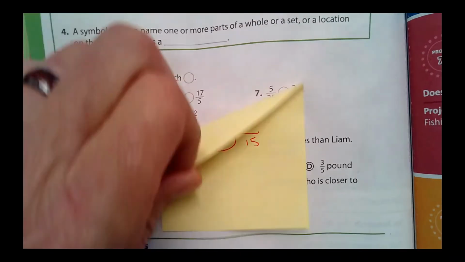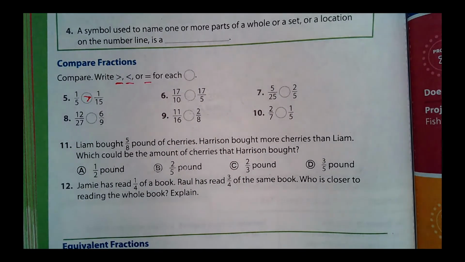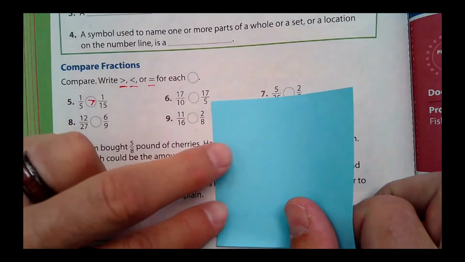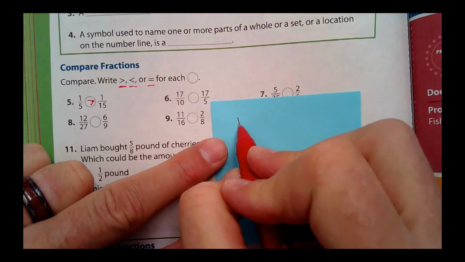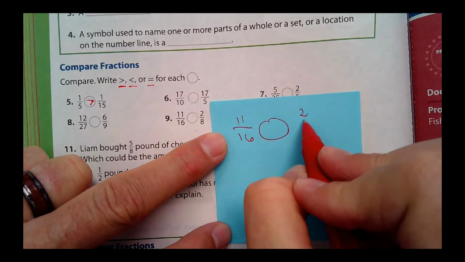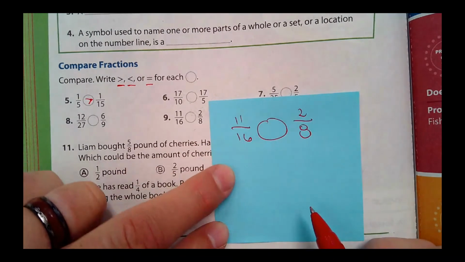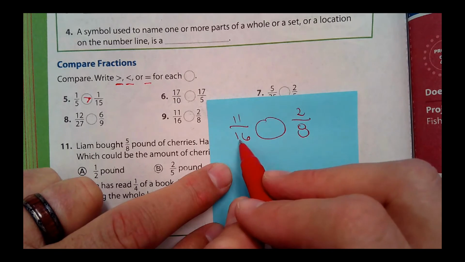All right? Let's do another one. How about number 9 here? We have 11/16, and we're comparing that to 2/8. Well, does one fit into the other? Yeah, 8 fits into 16.